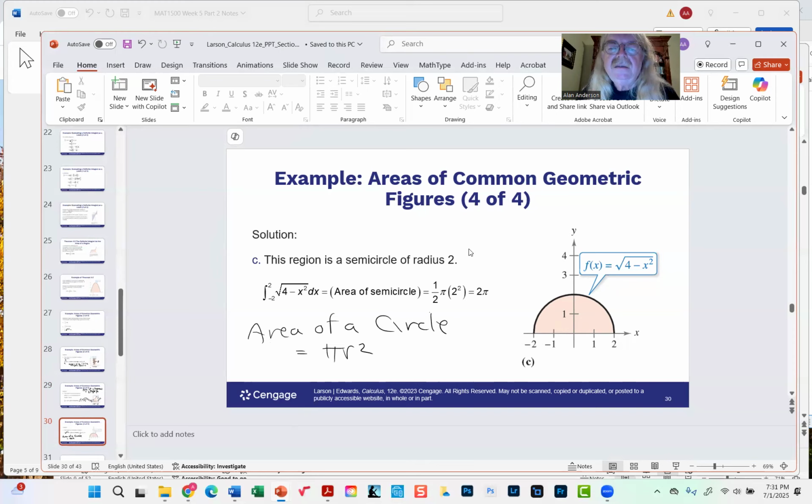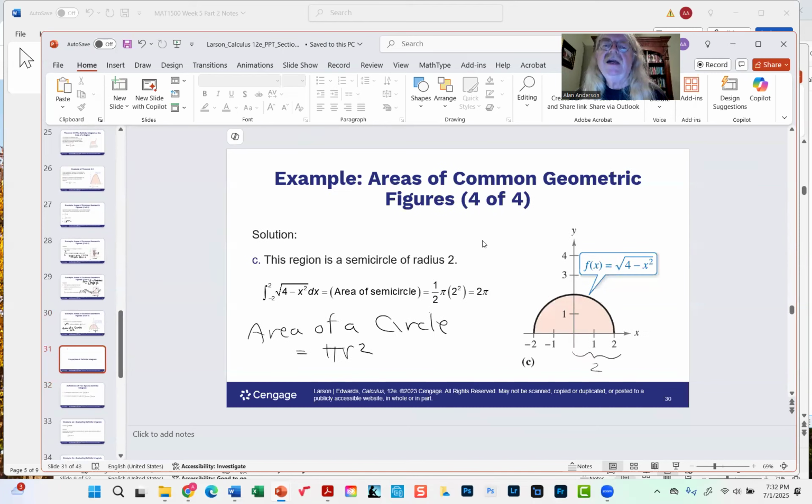And so the radius is here. The diameter goes all the way across. That would be 4, but this is the radius. So it actually ends up being 1/2 pi 2 squared, which is 2 pi.